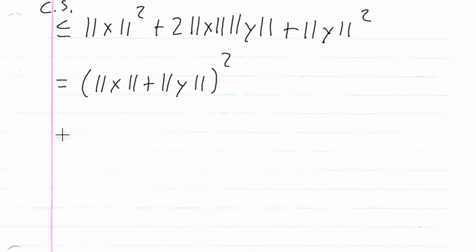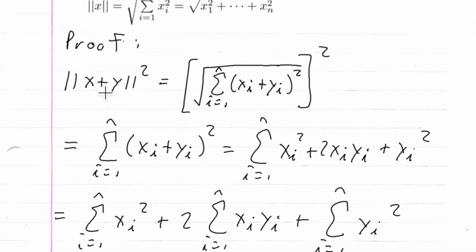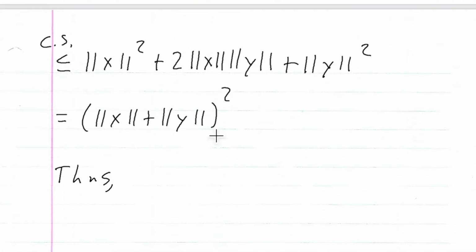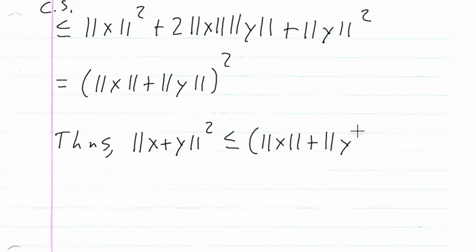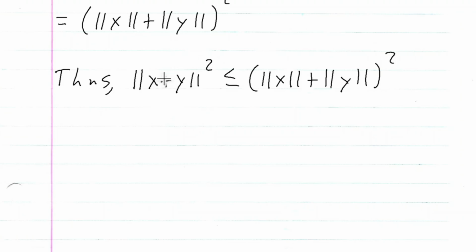So thus we have the norm of x plus y squared is less than or equal to the norm of x plus the norm of y, squared. And of course, we can take the square root of both sides of this.